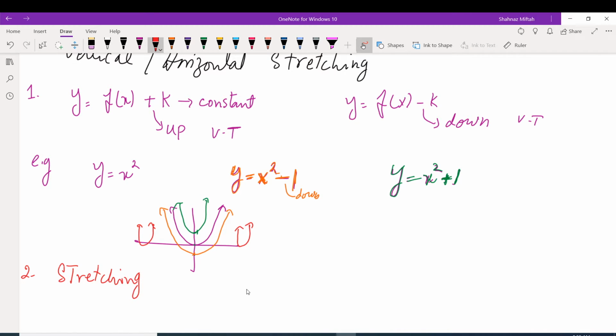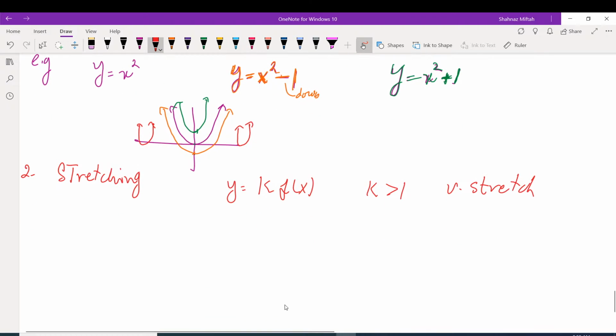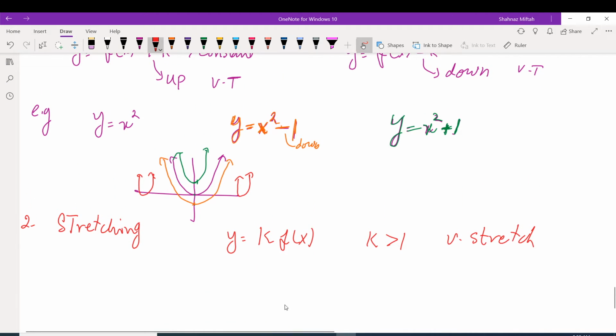In stretching, the rule is y equal k f of x. If this k is greater than 1, then that's a vertical stretch. Horizontal stretch means if I have y equal f of kx, like this.